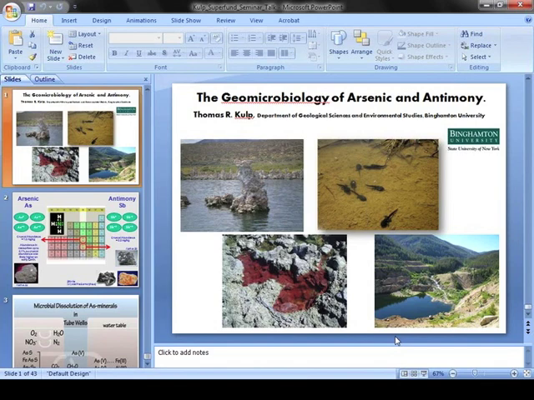How much has been published about antimony in reducing groundwater? I've found very, very little about antimony in groundwater at all. Under reducing conditions, it might not be terribly soluble, as we've been talking about. And certainly if you have sulfide present, it's probably going to not be very soluble. But in the Bangladesh aquifer, you wouldn't find sulfide.